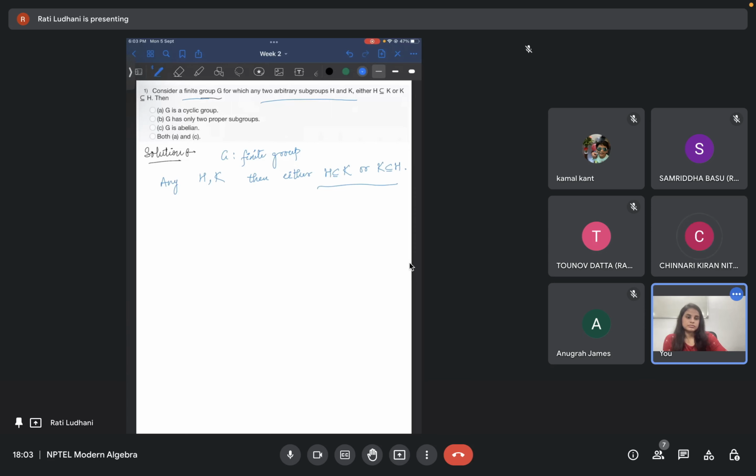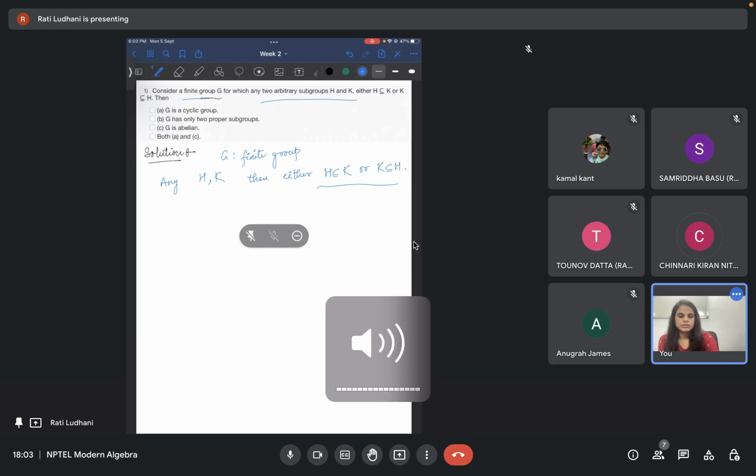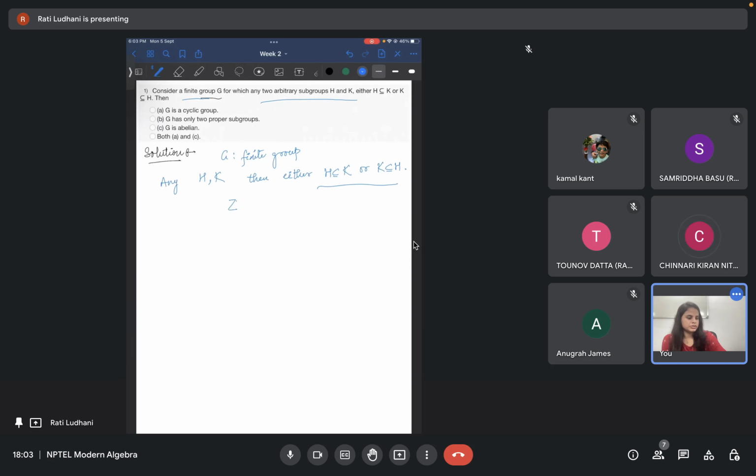Z2. Very good. Can you explain to everyone? So Z2 is {0, 1}, right? And then what are the subgroups? 0, yes. 1 is a subgroup? Z2 is with addition.